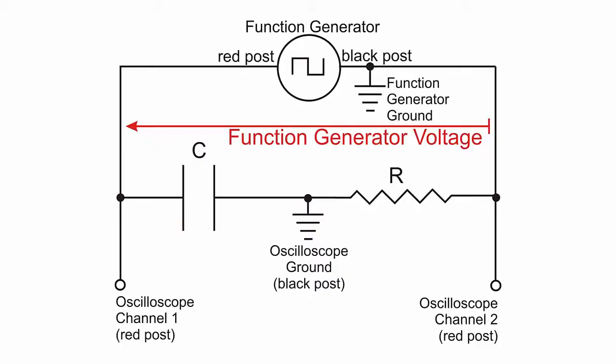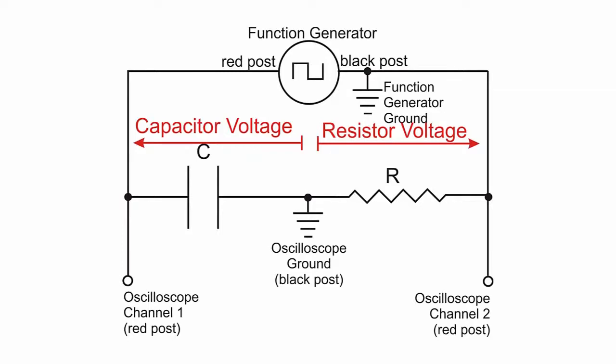If we measured the voltages across the resistor and the capacitor relative to the function generator ground, both of those voltages would be measured to the left. But the oscilloscope measures the voltages across the capacitor and the resistor relative to its own ground. So the capacitor voltage is measured to the left, but the resistor voltage is measured to the right.